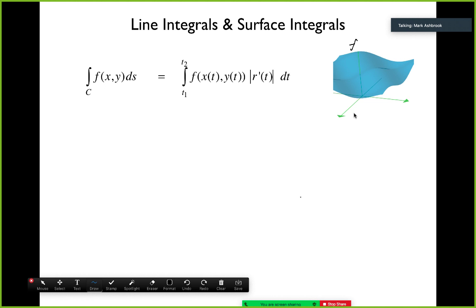So maybe like this. Something like that. So this is some curve in the xy plane. And so we only care about the points of the function f straight above that curve.